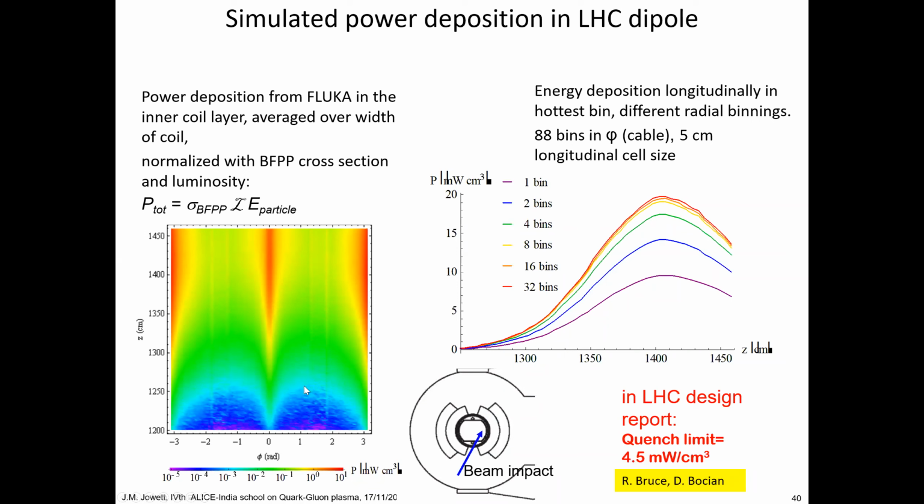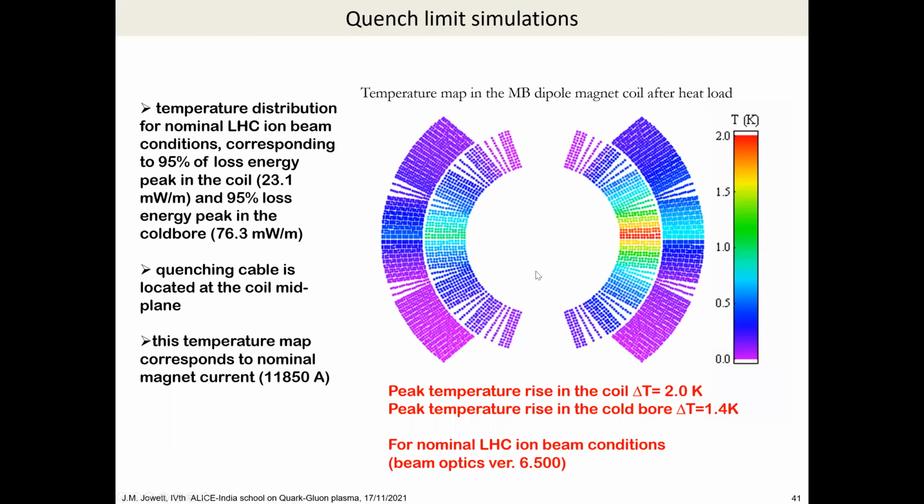Here is a heat map of the energy deposition in the coils unwrapped azimuthally around the ring. And you get energy depositions of several milliwatts per cubic centimeter with even the old LHC design report luminosity. And for a long time, we were afraid that we would not even be able to reach the design luminosity in the LHC because of this.